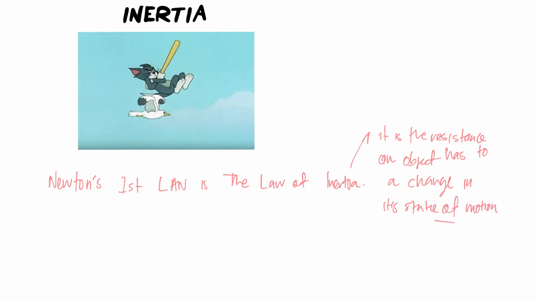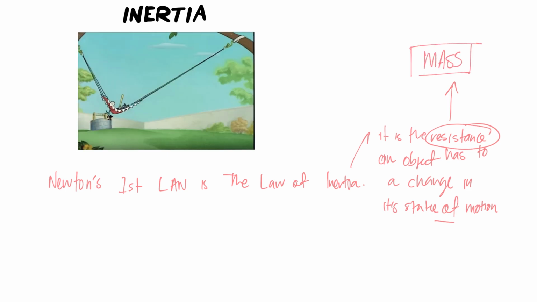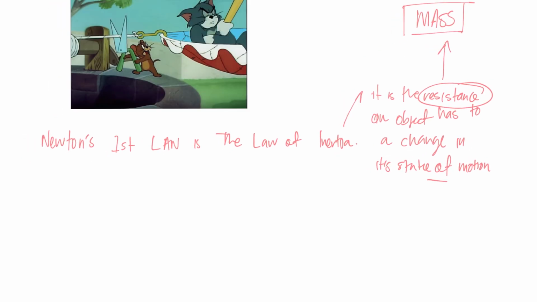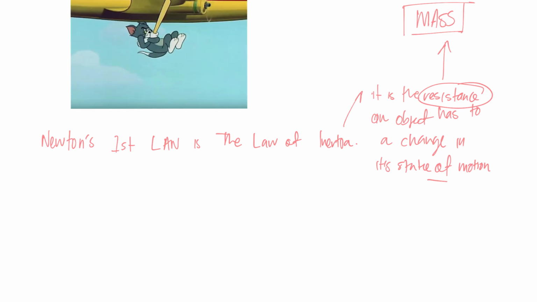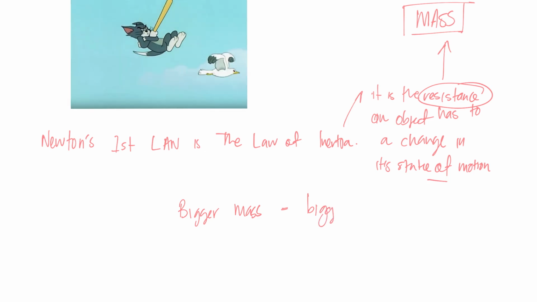The reason objects resist is because objects have mass. If an object has some sort of mass, it wants to keep doing what it's doing. So inertia is related to mass only, because if I have a bigger mass, I'm going to have a bigger inertia.